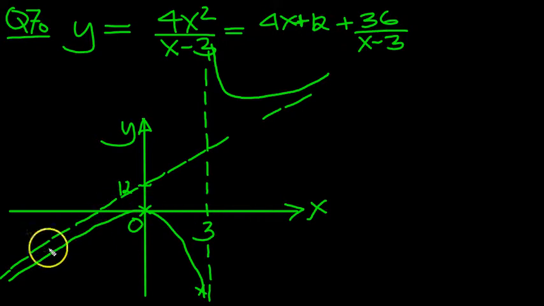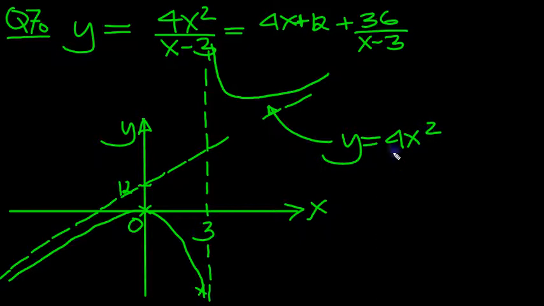So a smoother curve, obviously. We could work out the maximum if we did differentiation, but it looks like too painstaking a prospect for the purposes of just drawing a sketch. So this will suffice then, and now we can label our graph. y equals 4x plus 12 plus 36 over x minus 3.